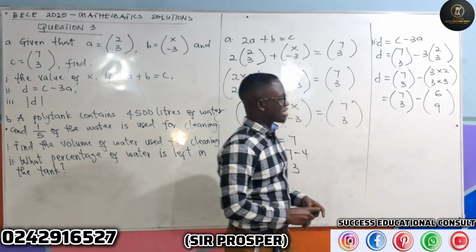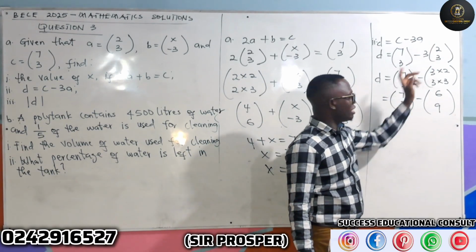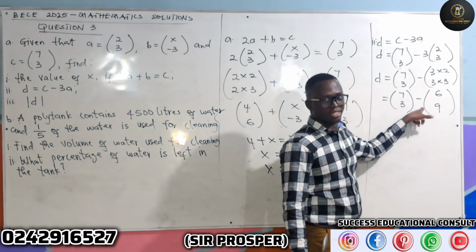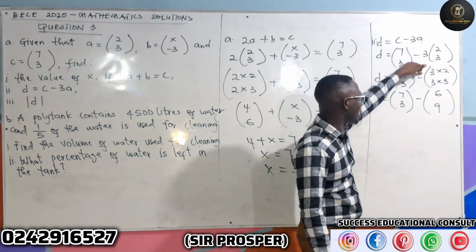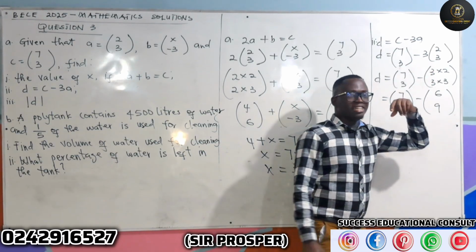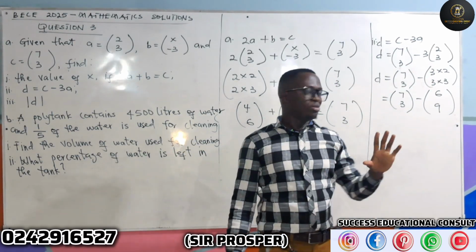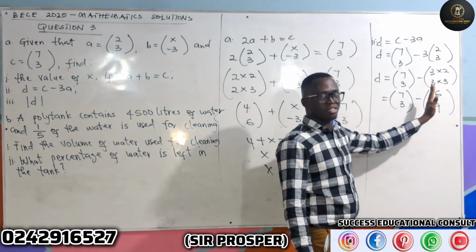Now one may ask, won't this negative sign affect everything here? It is still there. The negative sign is still there. This is 3 multiplying these components, but then the negative sign is still there. Once you bring it over here, you will confuse yourself. So you leave it here because it is still affecting these components.